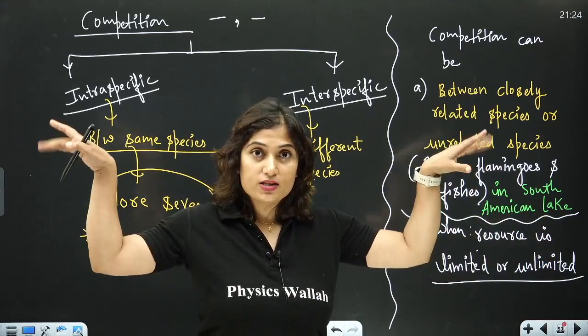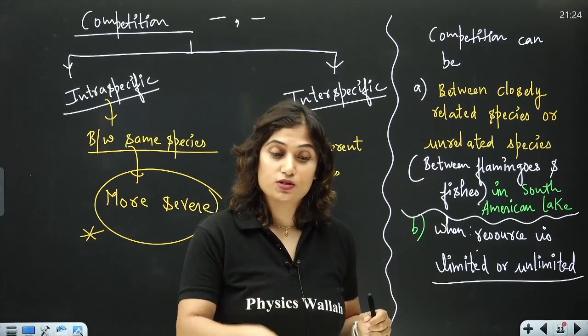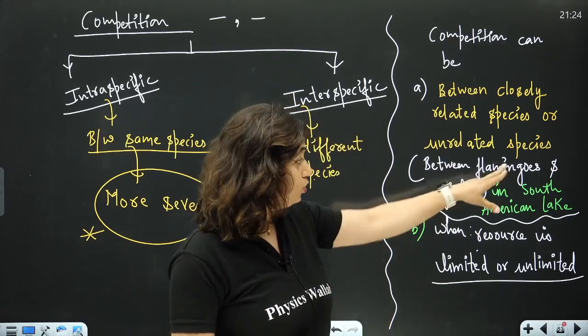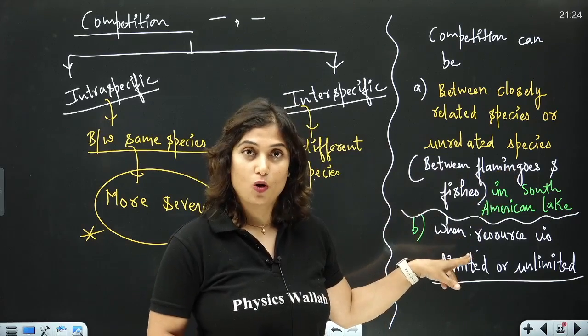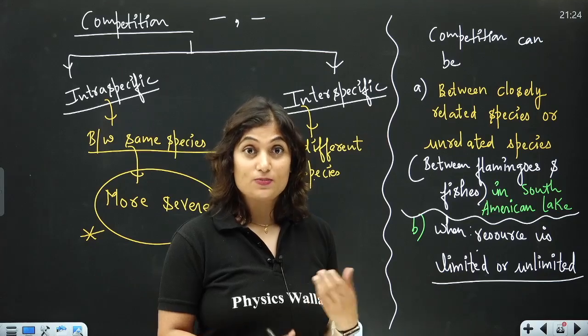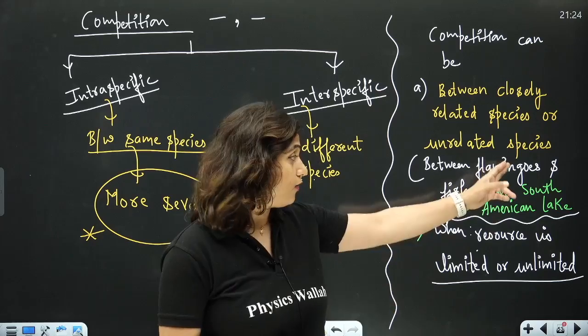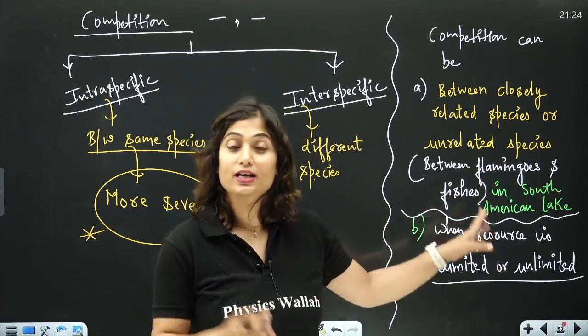They compete for the zooplankton found in the lake. So these are two unrelated species which show competition. Generally competition is seen between closely related species, but sometimes it can be seen between totally unrelated species, like flamingos and fishes in the South American lake.